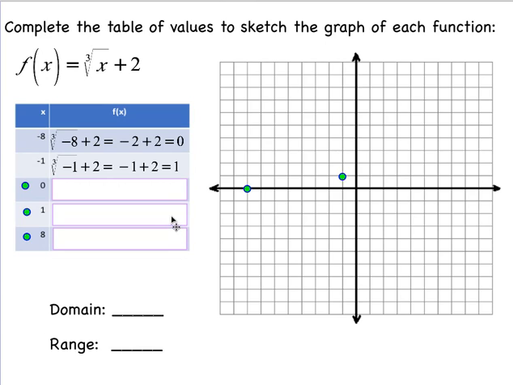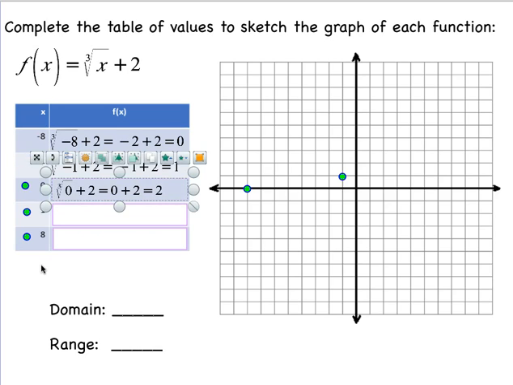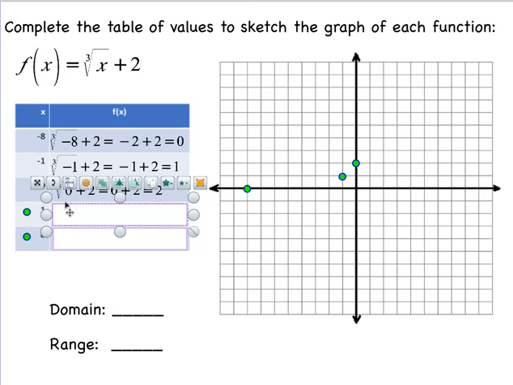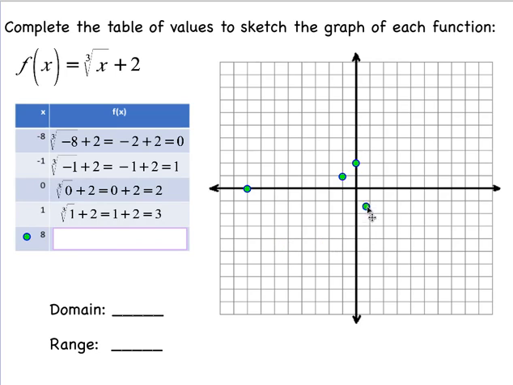And when we substitute 0 for x, we're going to have 0 plus 2. So when x is 0, we are going to be at 2. And when x is equal to 1, we're going to be up at 3.